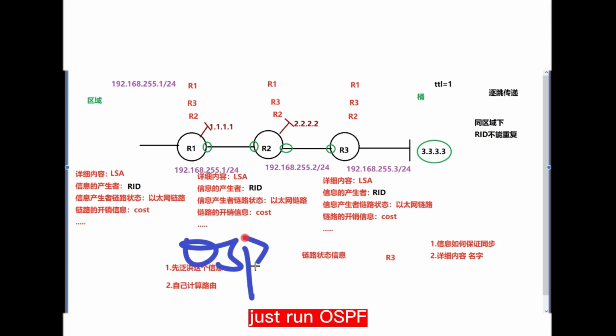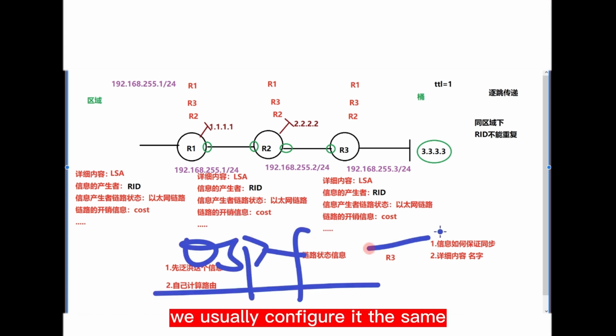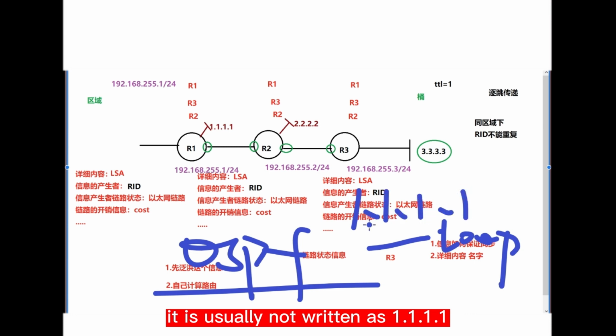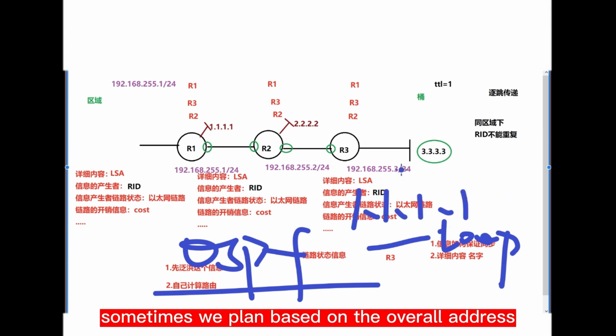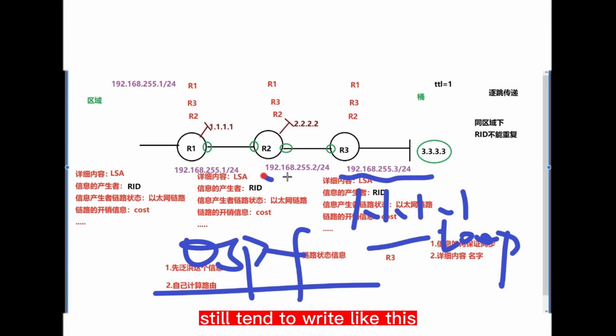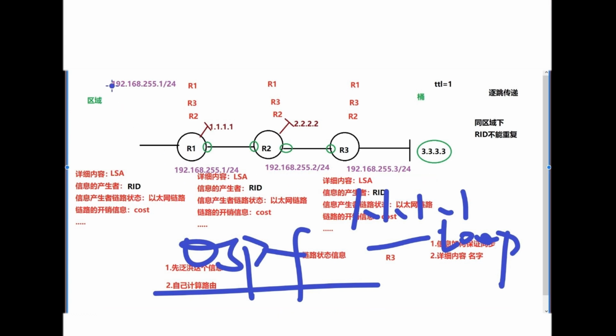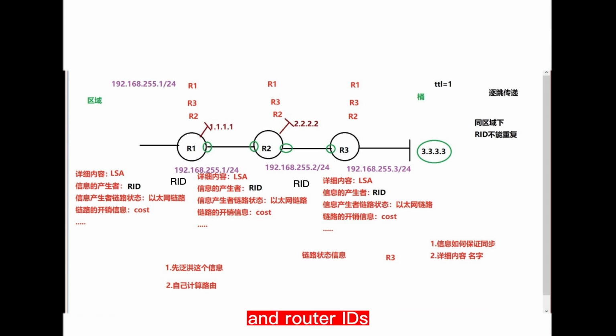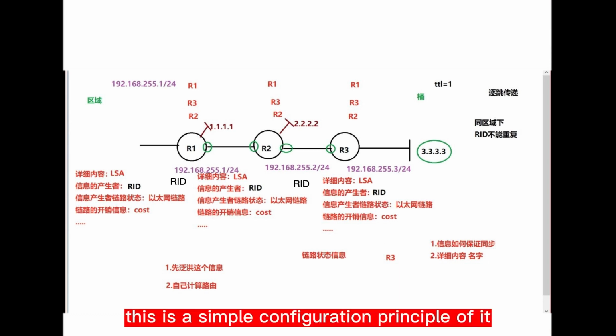Just run OSPF. We usually configure it the same as the loopback address. But in a project, it is usually not written as 1.1.1.1. Sometimes we plan based on the overall address, and still tend to write like this. That is, there is a dedicated network segment like this. Use these devices' loopback addresses as router IDs. This is a simple configuration principle of it.